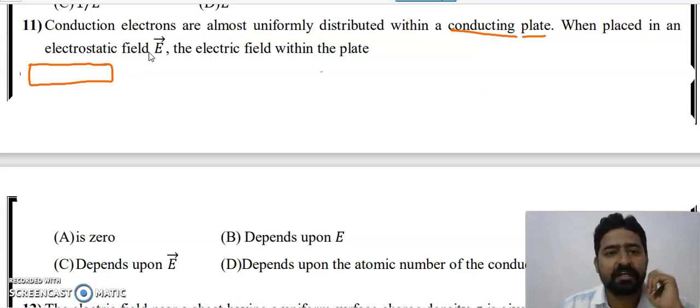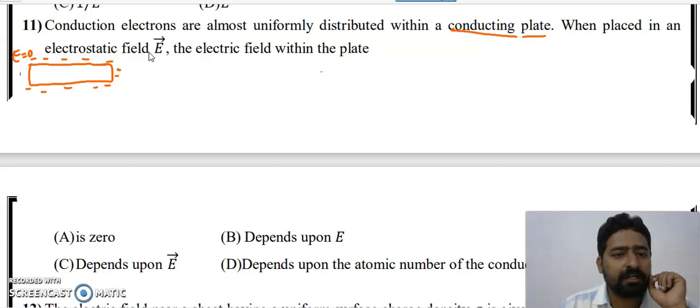When it is placed in an electrostatic field, what is the electric field inside the plate? In the absence of an electric field, the field is equal to 0. The charges reside only on the surface of the metal plate. The electric field inside the plate is 0.